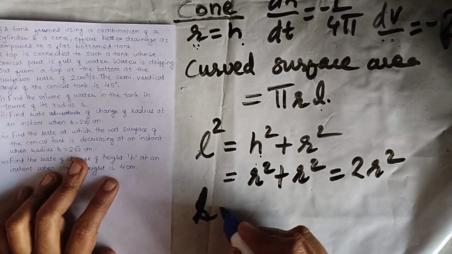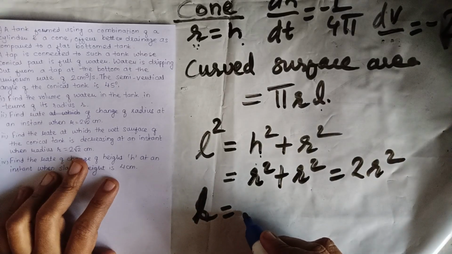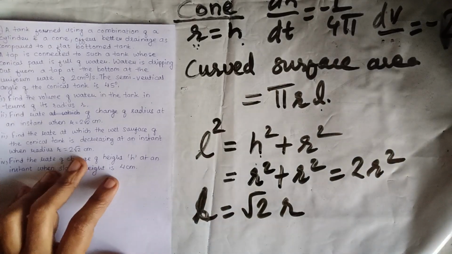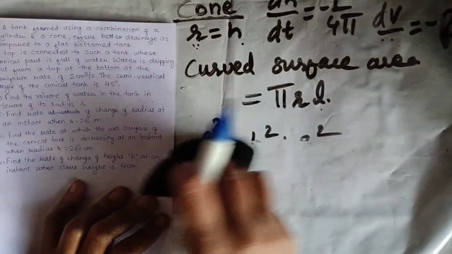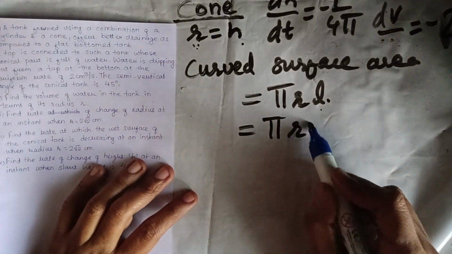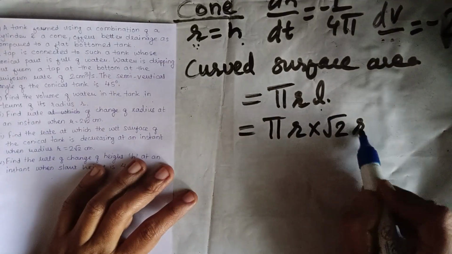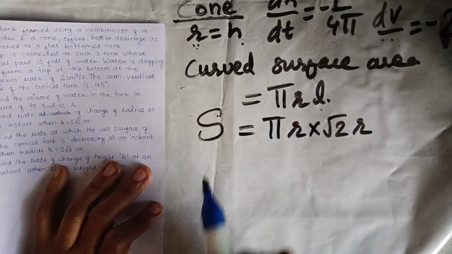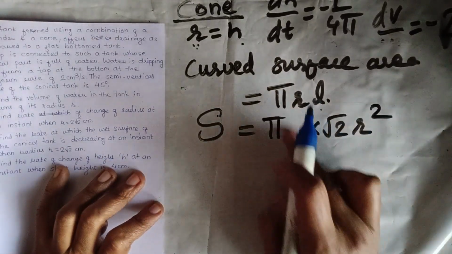So L is root 2 r. Okay, so L equal to root 2 r, and you can substitute over there. This is your curved surface area, so I will write it as S. So this will be root 2 pi r square.